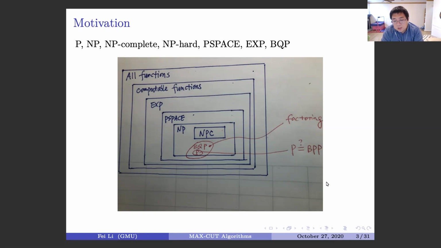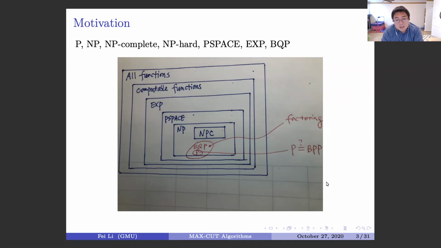We know that the size of the chess board is finite, so it is a polynomial function. But if we have two players and we would like to explore all the options for these two players, the options could grow as an exponential function. And NP is the concept that we are quite familiar with.